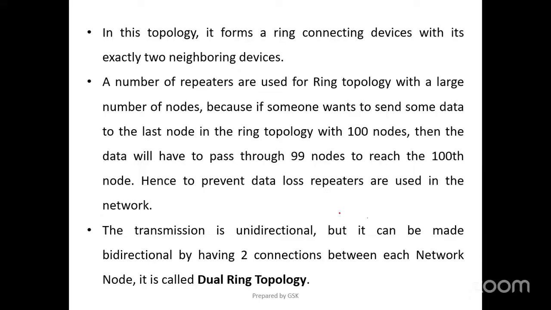The transmission is unidirectional as I covered, but it can be made bidirectional also. By default, in the token ring, the direction of flow is unidirectional only. But if you want to make it bidirectional, we can do that. For that, we use a dual ring topology. A dual ring topology has two connections between each network.